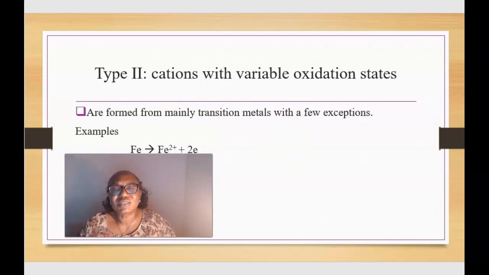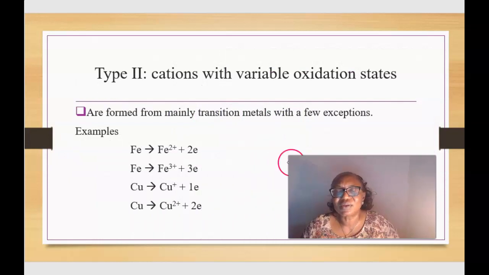We want to look at the naming of type 2 cations. Type 2 cations are cations which are formed mainly from transition metals. The metal can lose varied number of electrons and form different types of cations.